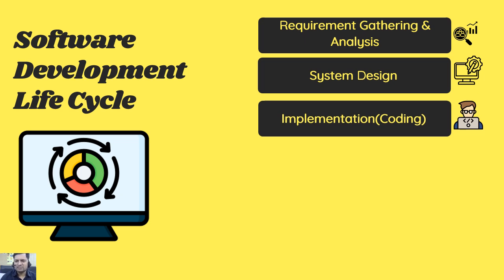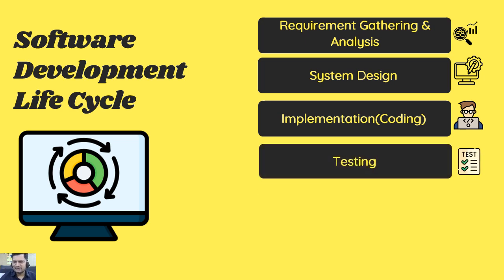Third phase is implementation phase, where we select any one of the technologies and we do the coding over here. Next phase is testing. Once the implementation phase or coding phase is done, we test. Either we test it through the third party or from other than the person who has written the code.